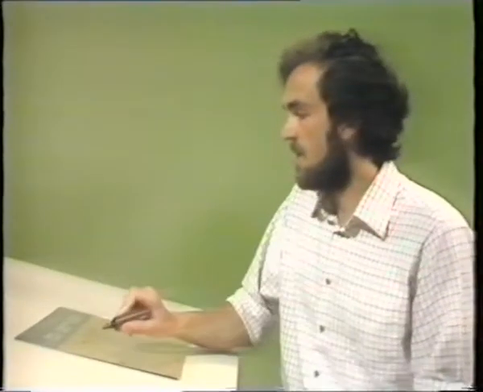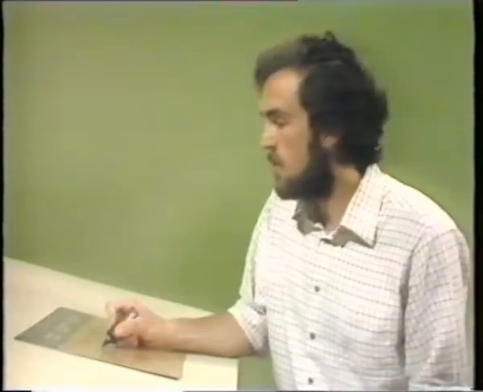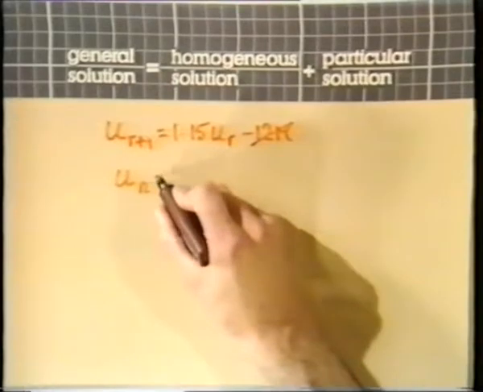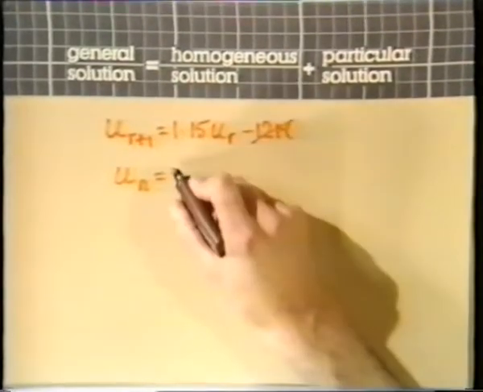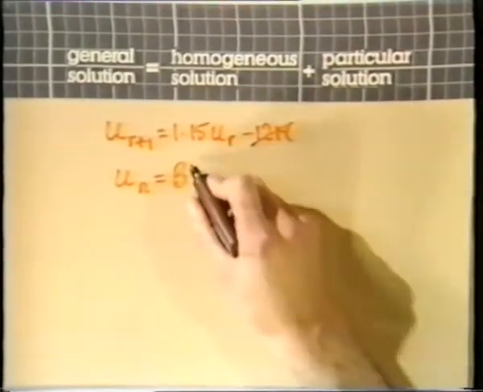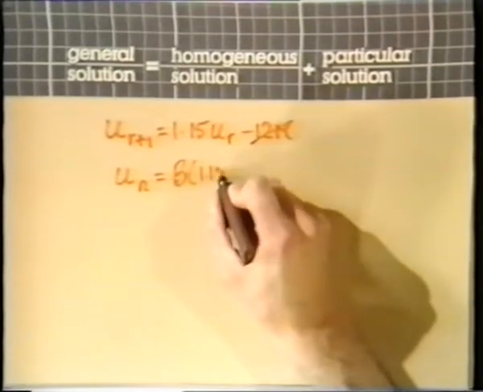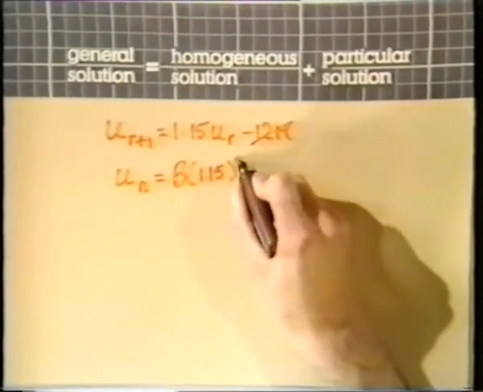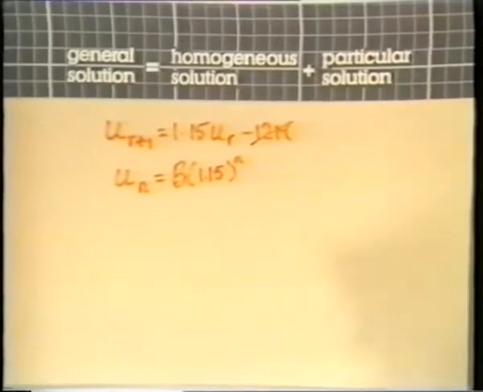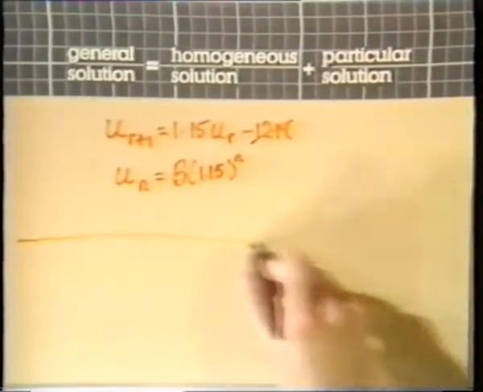Now the solution of this is just Un is equal to some arbitrary constant b times 1.15 to the n. So that's the first part of our solution.